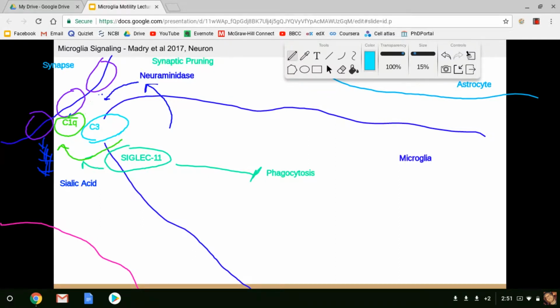And this, when C3 binds to C1q, recruits a protein called DAP12. DAP12 is an adapter that recruits a bunch of proteins leading to phagocytosis.